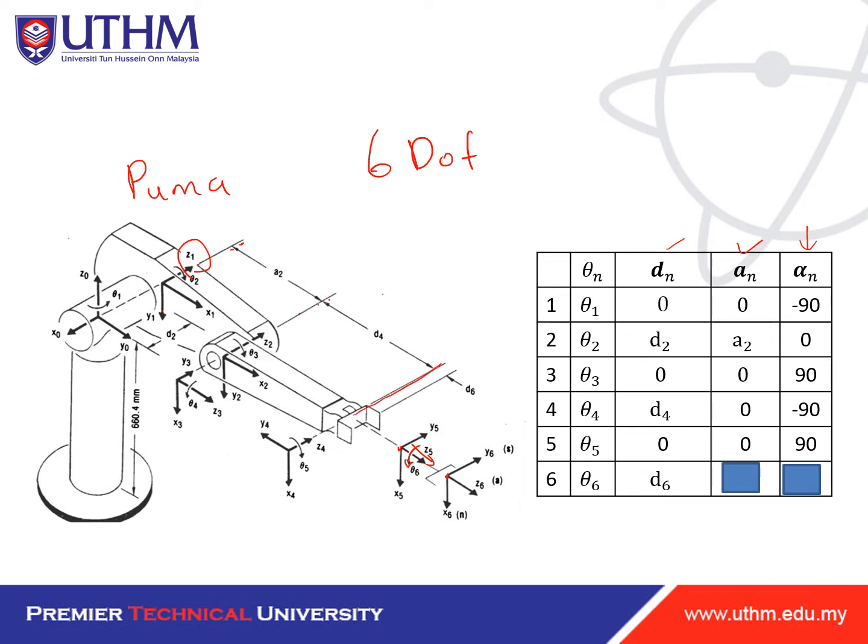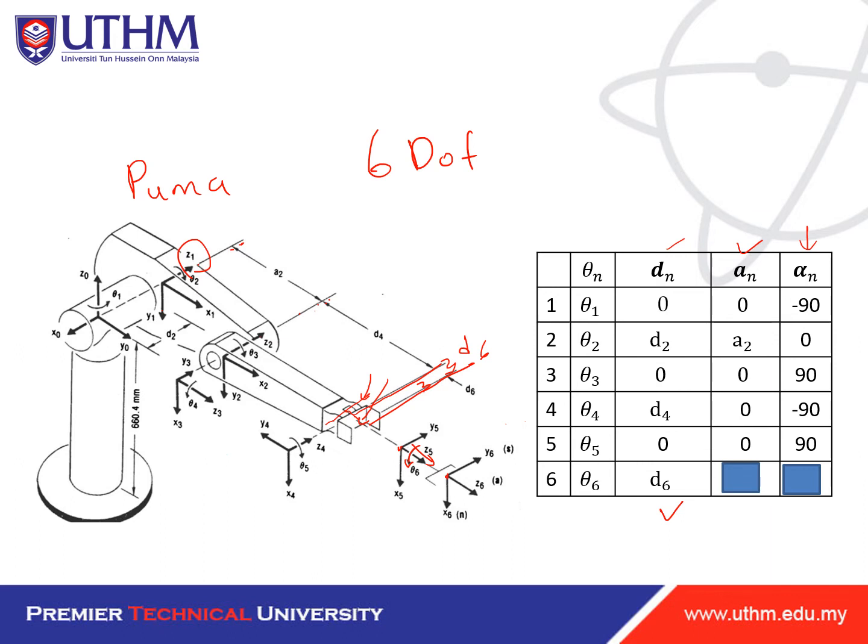This small distance is d6, the distance between the joint of the wrist and the end of the manipulator, which is here. So from the joint to here, that distance is equal to d6.